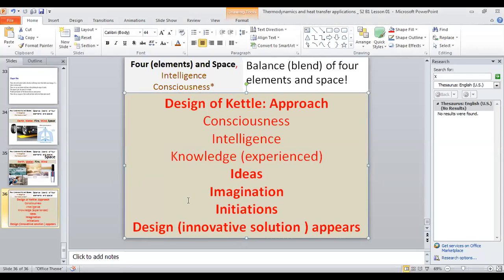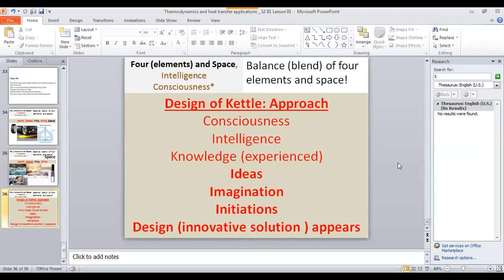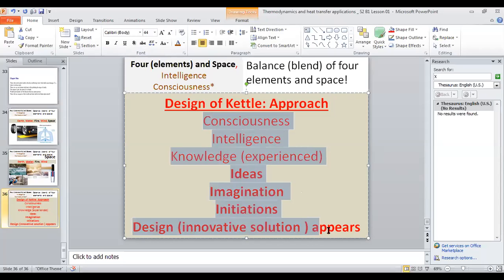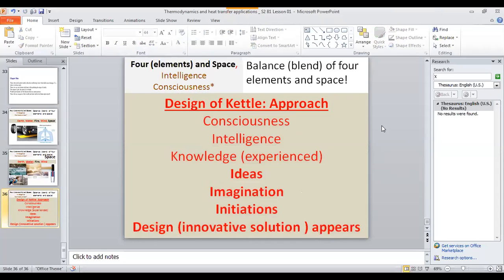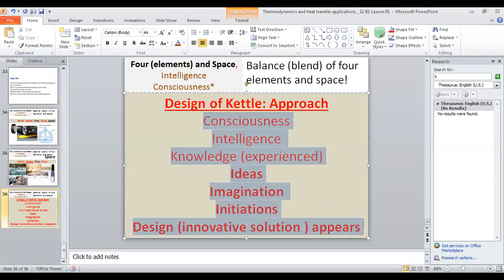So for the design of a kettle, there should be a very systematic approach. Knowingly or unknowingly, once you design and it's successful in your approach or process, all the things are there to the fullest.